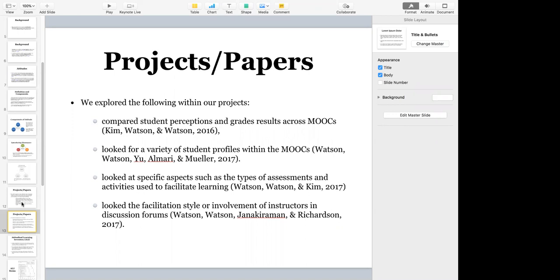We also looked at how the instructor facilitated the course, or how involved the instructors were in the course. A lot of the time the students would be interacting with teaching assistants who were supporting the course, because some of these MOOCs have tens of thousands of students. And obviously it's not something that they can all really participate in on a personal level.